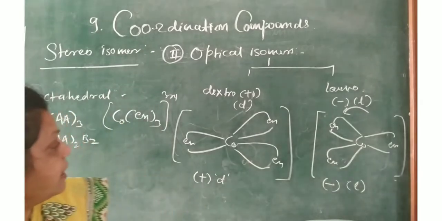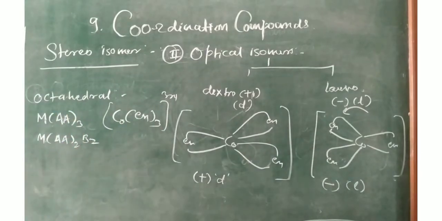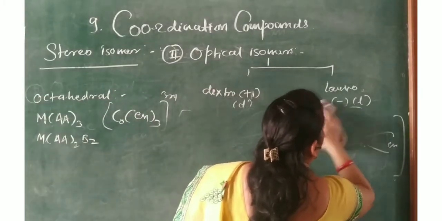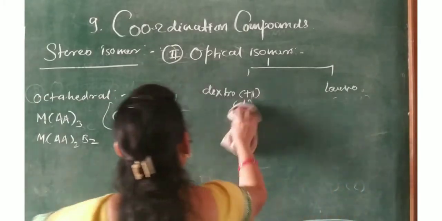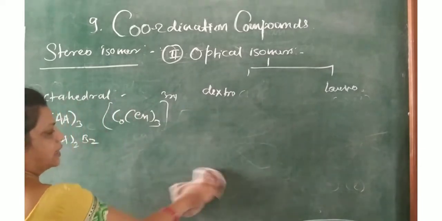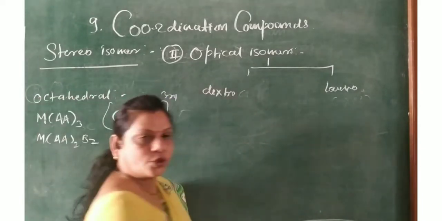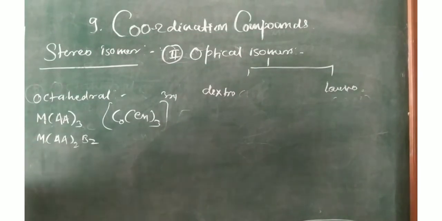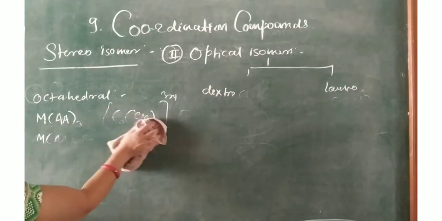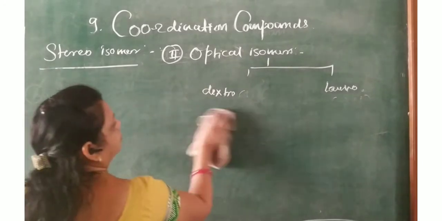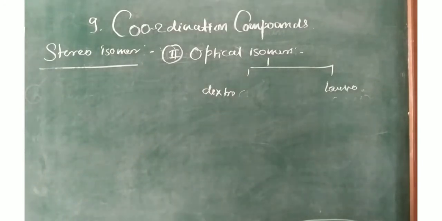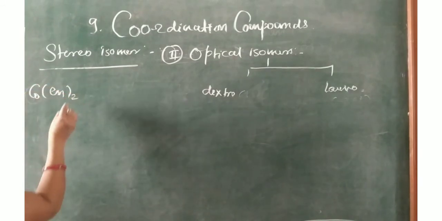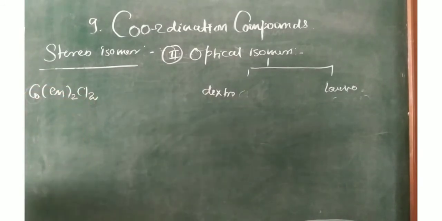Okay, next one, that is Ma2B2. These Ma2B2 type octahedral complexes show the, consider the example of Co(en)2Cl2.